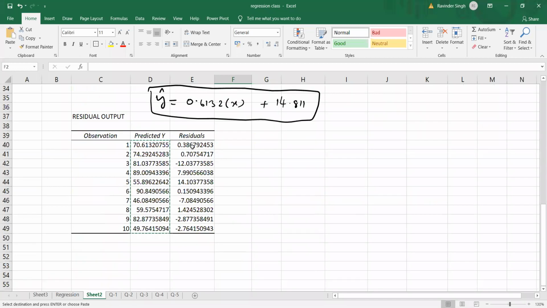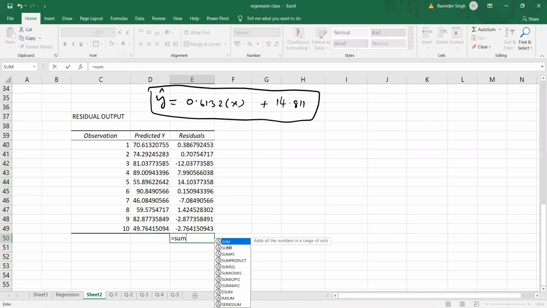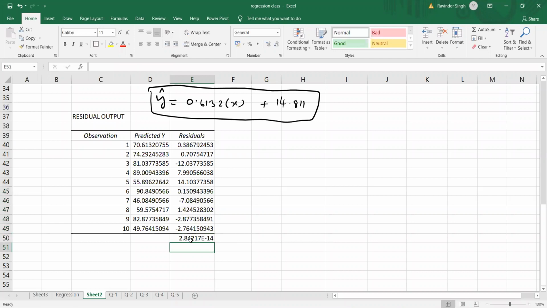And the residuals, if you can see here, what is our objective? When you find the residuals and sum them, the sum should be very, very close to 0. You can see you are getting very close to 0 here.